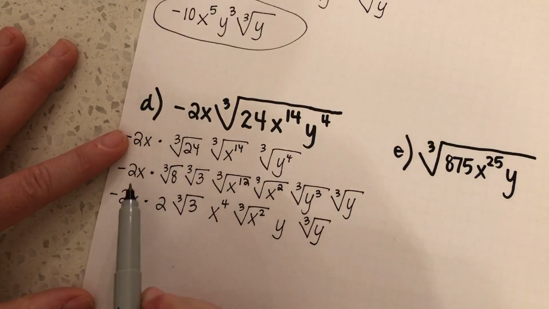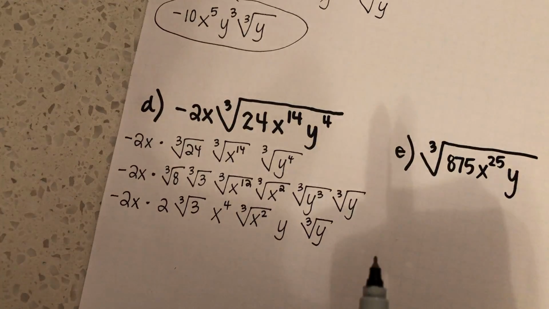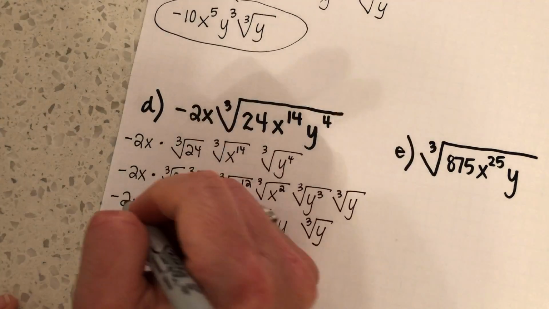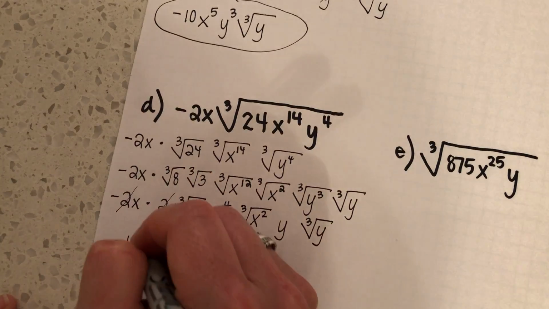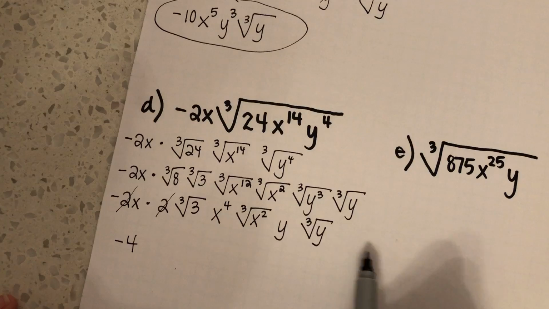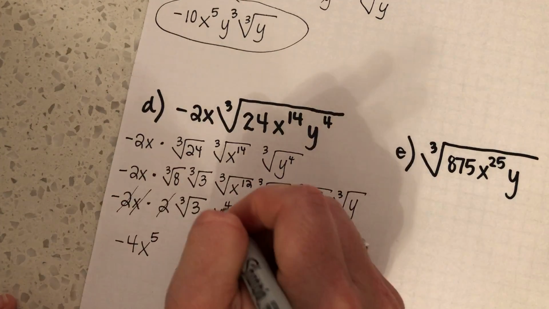Okay, so now you're going to go through and multiply anything that is not under a radical together. So that's going to be negative 2 times no other numbers is negative 4. X times x to the fourth is x to the 1 plus 4, x to the fifth. They're done.